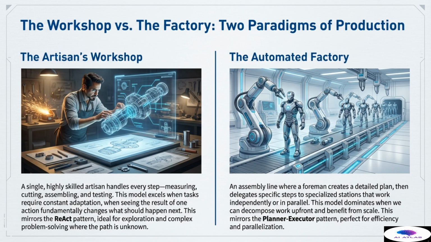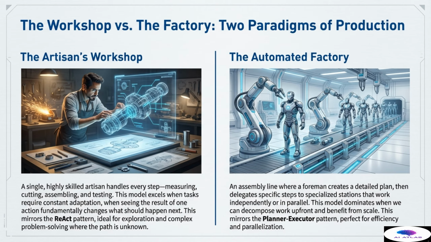This model excels when tasks require constant adaptation, when the result of one action fundamentally changes what should happen next. The process is transparent, hands-on, and deeply responsive to the environment. This mirrors the ReAct pattern, which is ideal for exploration and complex problem-solving where the path is completely unknown and requires dynamic adjustment.